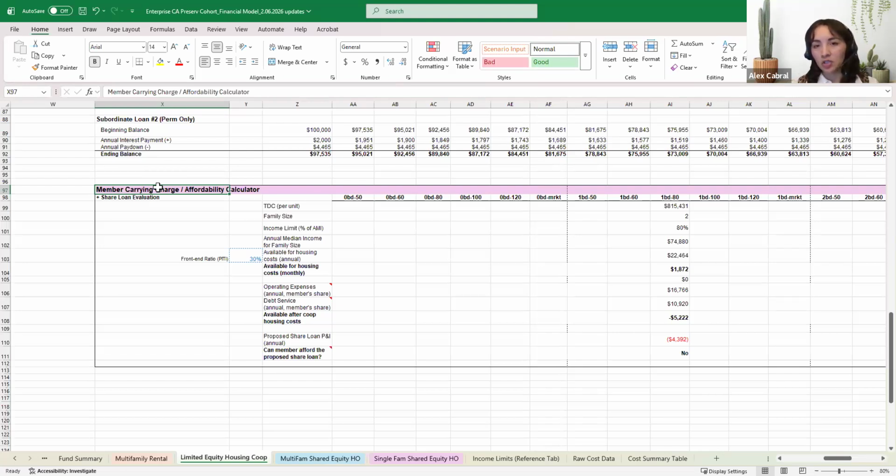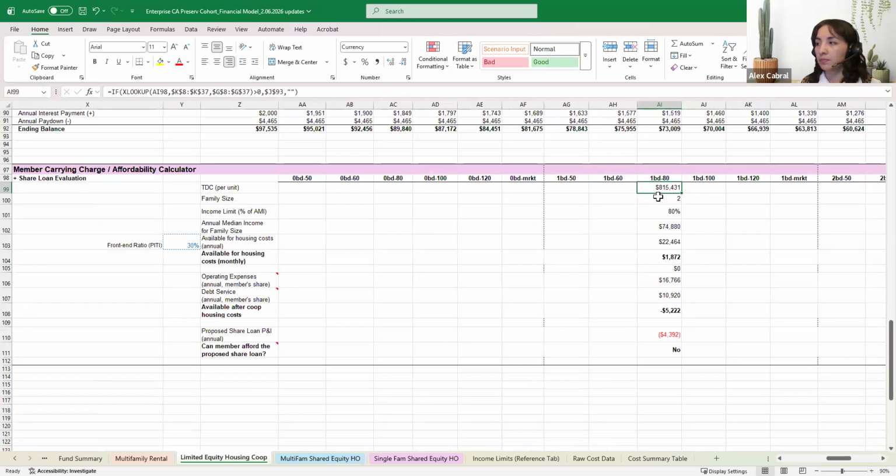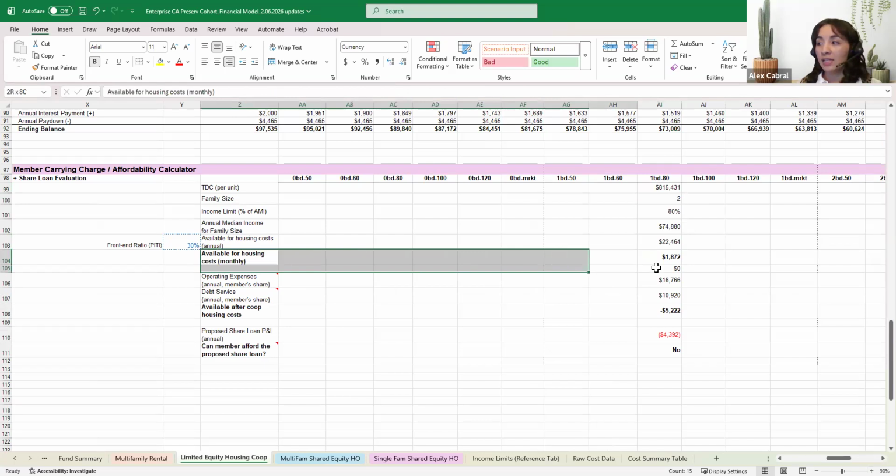And this carrying charge is typically not based on the regional rental limits. It's typically based on the members' annual median income, much like homeownership affordability is calculated. So as you can see in this example, let me zoom in one more time. We are calculating what this member has available for their monthly housing costs.